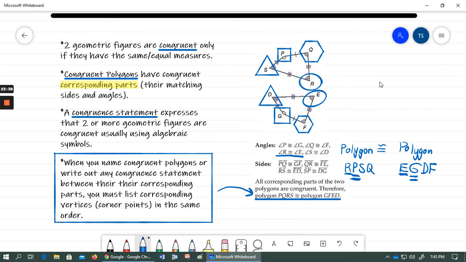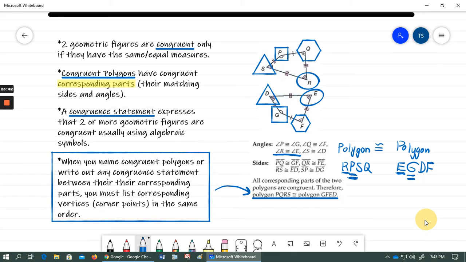So congruence and equality can be related to each other. But again, we're going to look at a few properties here: the reflexive property, the symmetric property, and the transitive property. We may also mention the substitution property, but we'll see about that one.